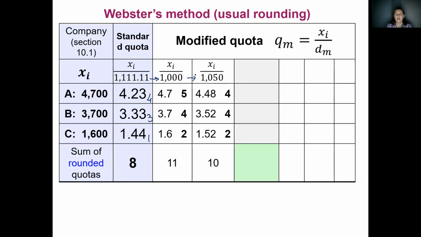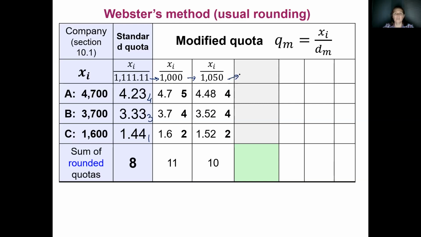Let us take 1050. Now 4.48 is rounded to 4. 3.52 is approximately 4, and 1.52 is approximately 2. Adding them together, we get 10. Still a little bit bigger than needed, so we will increase it a little bit more.